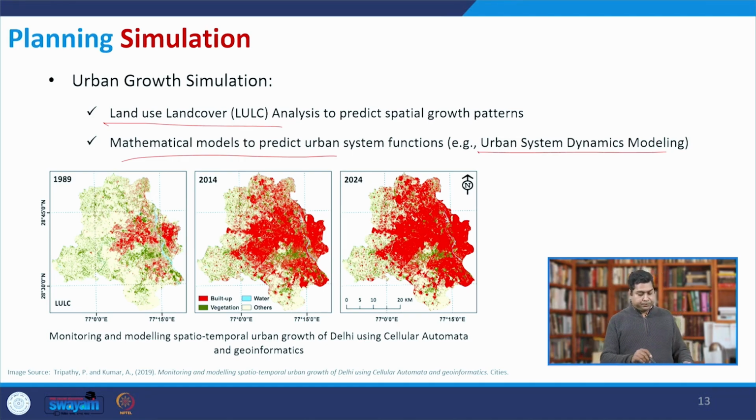Here you can also see a representation of this particular city, showing the change in land use and land cover from 1989 to 2024. You can very clearly see that the built up area, represented by red color, is very much predominant in 2024 compared to 1989, and subsequently there are reductions.